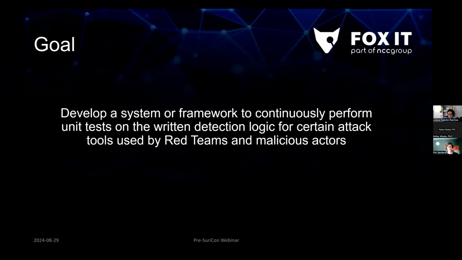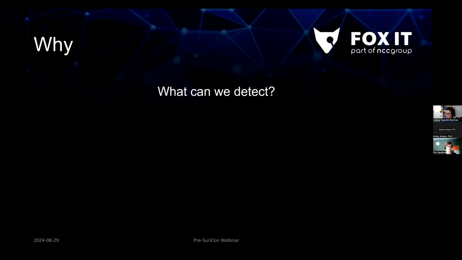So the goal of Dierentuin and Zoo. Before it was created, the goal was set as: develop a system or framework to continuously perform unit tests on the written detection logic for certain attack tools used by red teams and malicious actors. So we want to be able to check if the rules that are written are functioning correctly. Why do we want to do this?